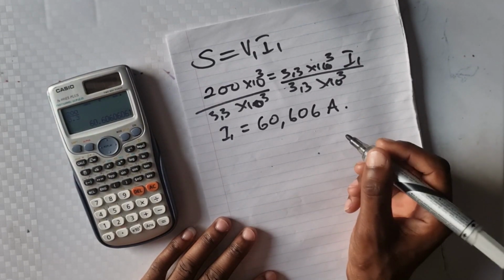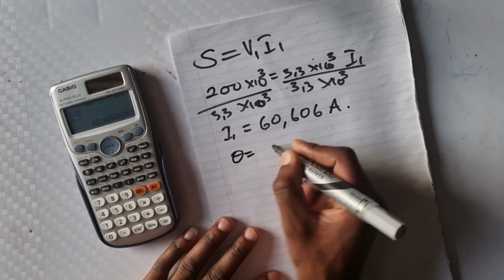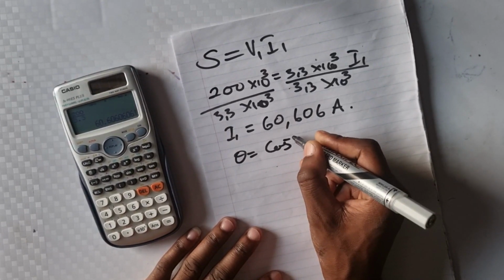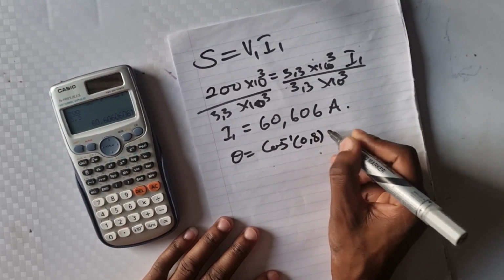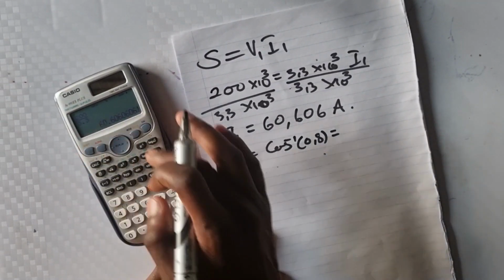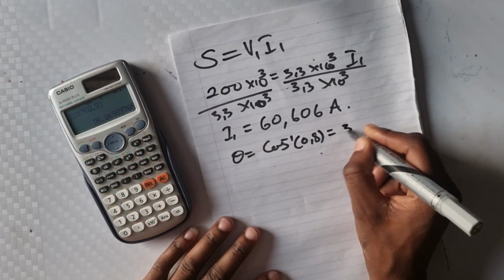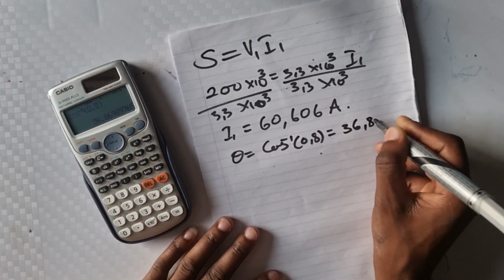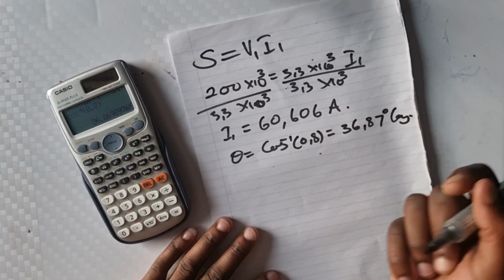And then the power factor, they said it's 0.8. Therefore, theta is going to be the inverse of cos 0.8, which gives us 36.87 degrees lagging. They said it's lagging.